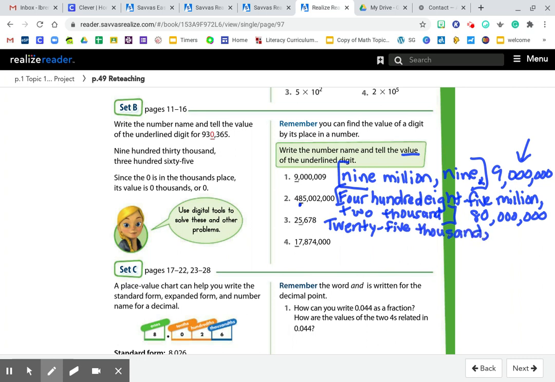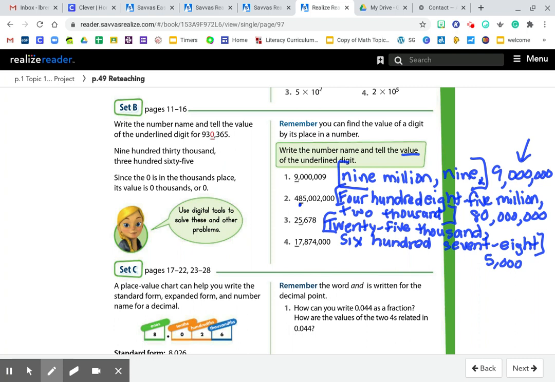Put a comma because we've got some more digits. 678. That's our word form. And the value of the 5 is 5,000.